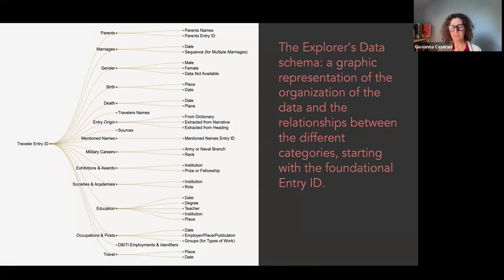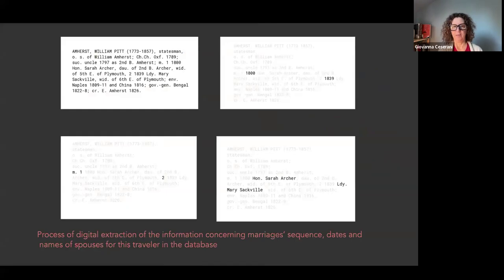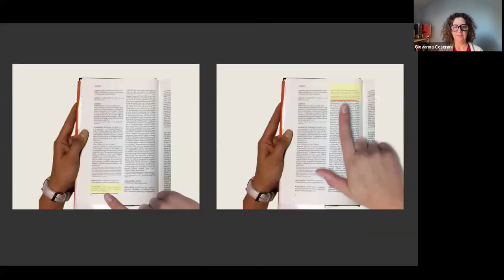And this added more than 1,000 travelers that had been previously overlooked. Most of these, that we came to call hidden figures, were wives and daughters. So let's say if you go back to an entry like this, this was Alexander Cosmo. He is the heading of the entry.